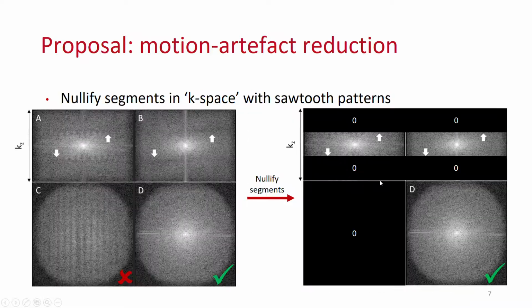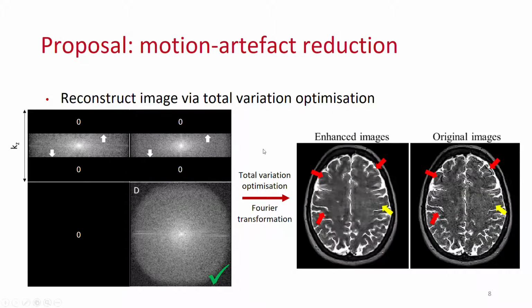To compensate for the motion problem, we nullified these segments that were affected by motion artifacts by replacing them with zeros. After that, we used a total variation optimization scheme and also the Fourier transformation to go back to the image space and to reconstruct the image and obtain an enhanced scan. As you can see, and as pointed out by the red arrows, motion artifacts are being reduced, and also some PVS that weren't evident before are now visible.